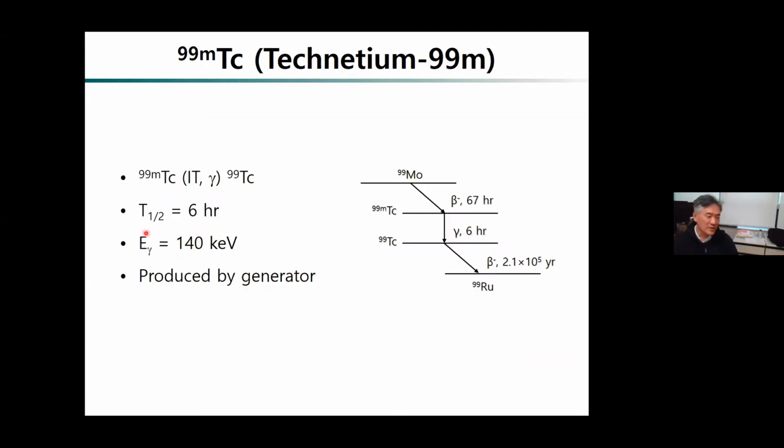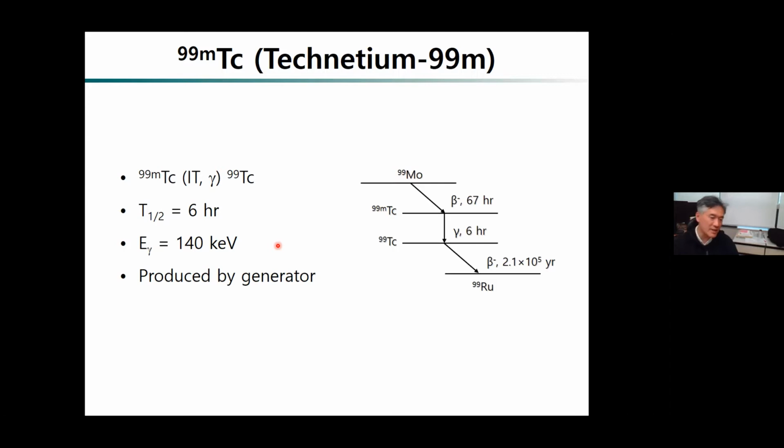Because the half-life and the gamma energy are good for imaging studies, technetium was developed. Many different types of technetium radiopharmaceuticals have already been developed and are used in clinical practice.